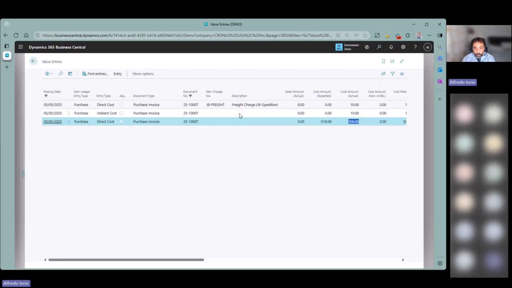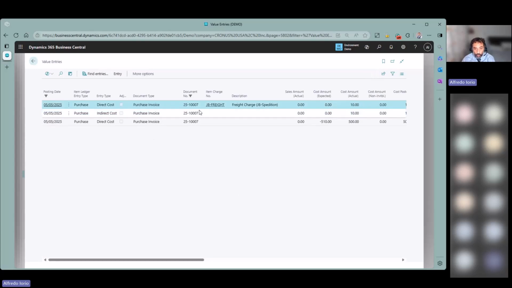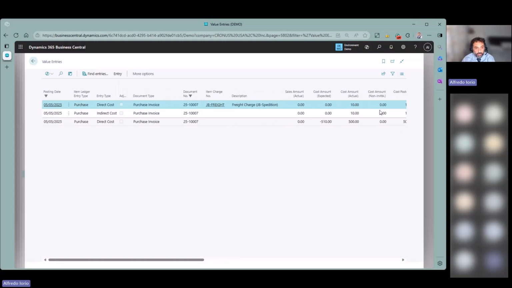We have indirect cost, which was essentially rolled up into 510, which is now separate. But we also have the purchase invoice of another direct cost, and this time is linked to the charge with the $10 correctly showing here.